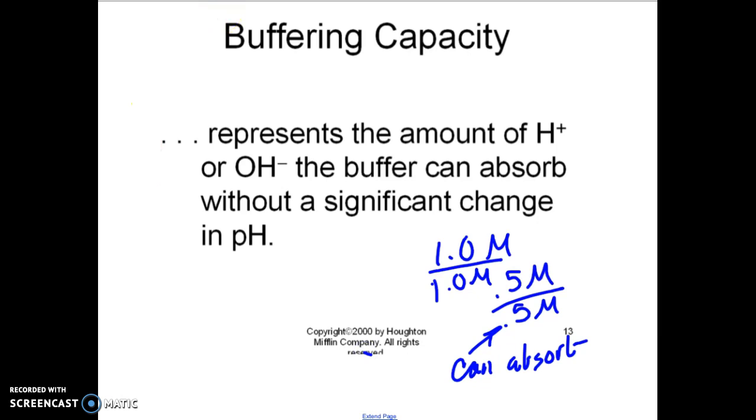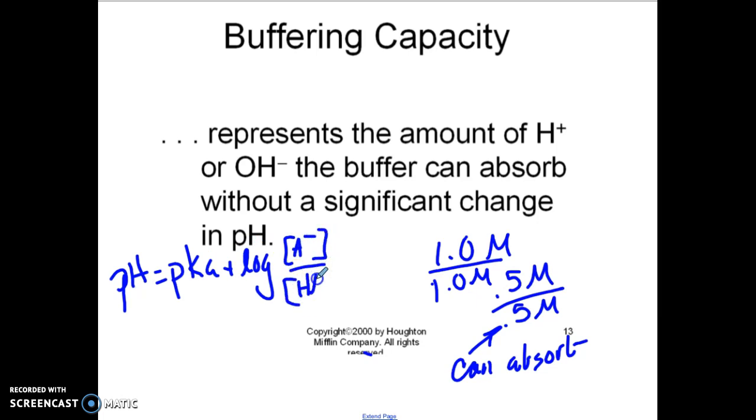Okay, so when we're thinking about the Henderson-Hasselbalch equation, again, pH is equal to pKa plus the log of the base over the acid. See, if I keep saying it enough, you guys will get it memorized. And if you think about the most effective buffer, it is where this ratio is 1 and the pH is equal to the pKa.